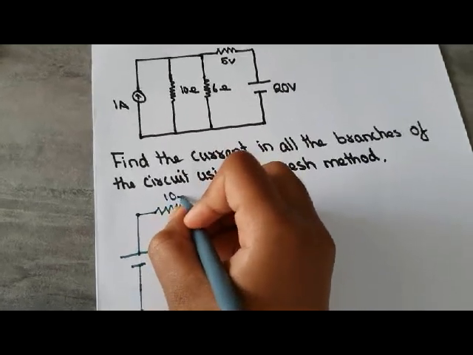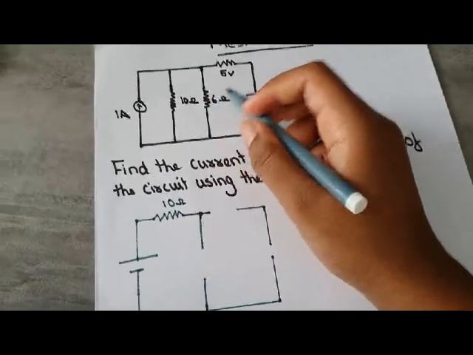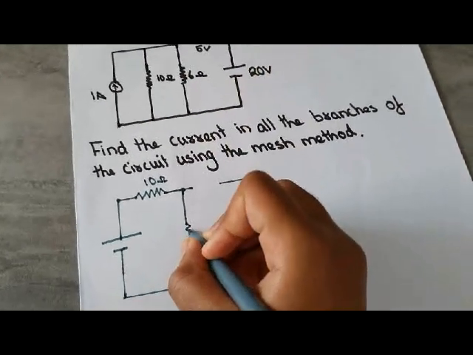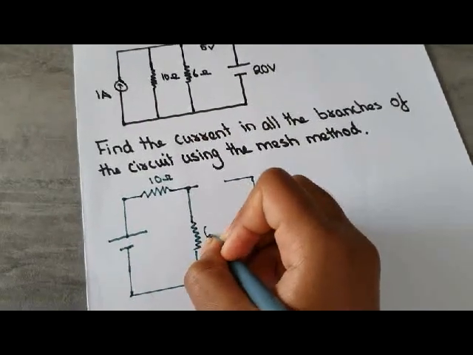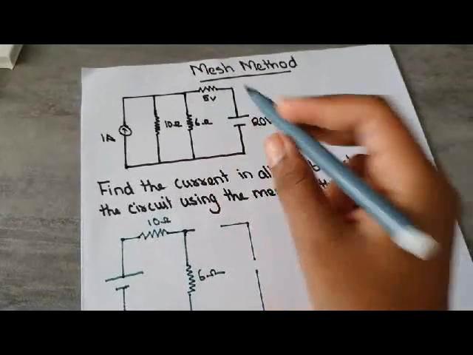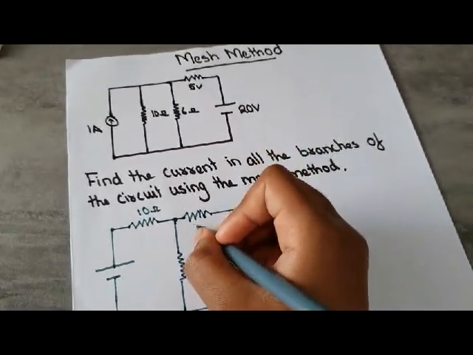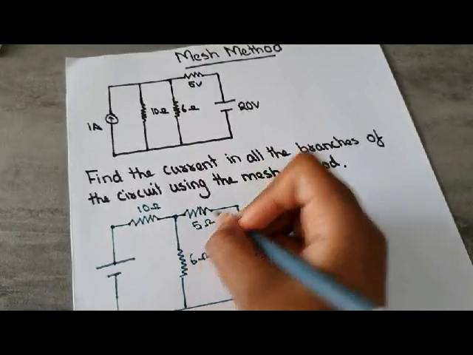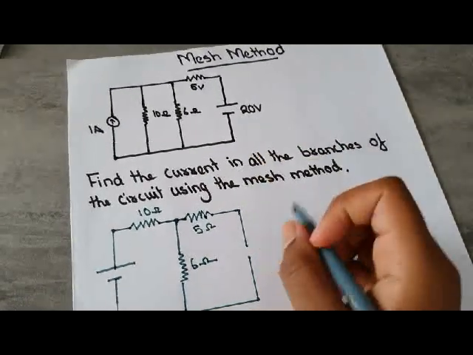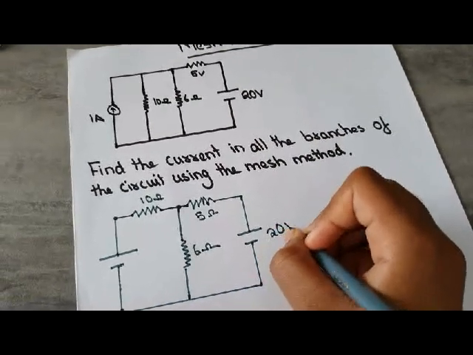10 ohms. And then there is a resistor that's parallel here, so we put the resistor parallel there. There is a 5 ohm resistor there. And there is a 20 volt voltage source, so 20 volt.